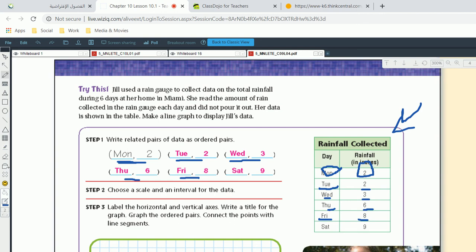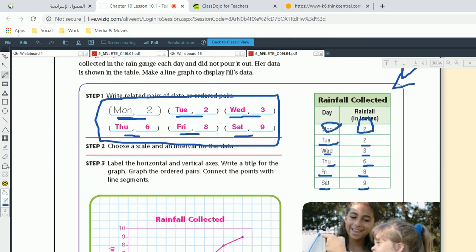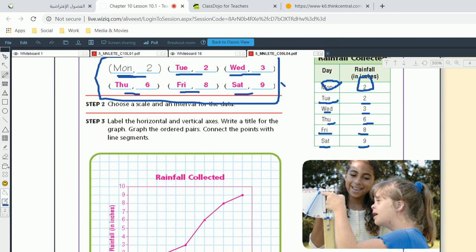We have a table and from this data we are going to form our ordered pairs. After we order all the ordered pairs, we write it and plot it in our grid here.